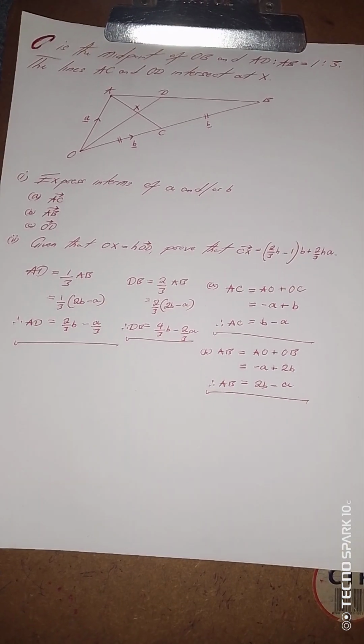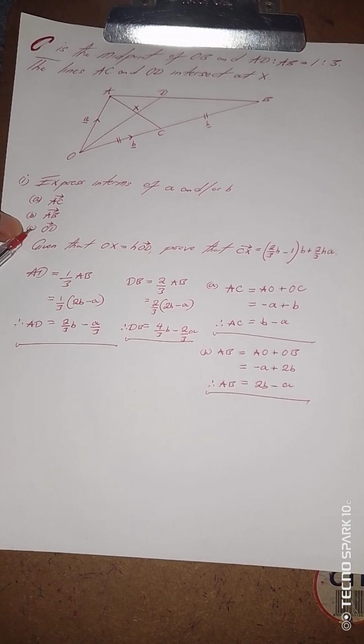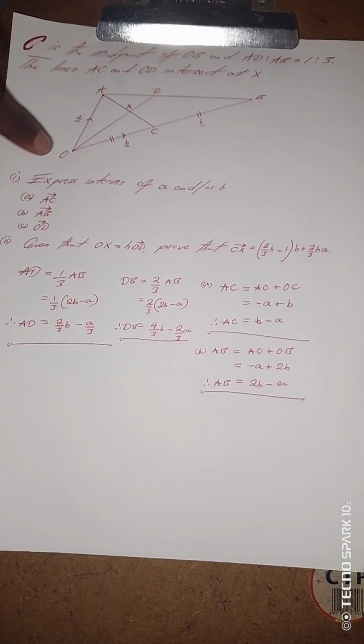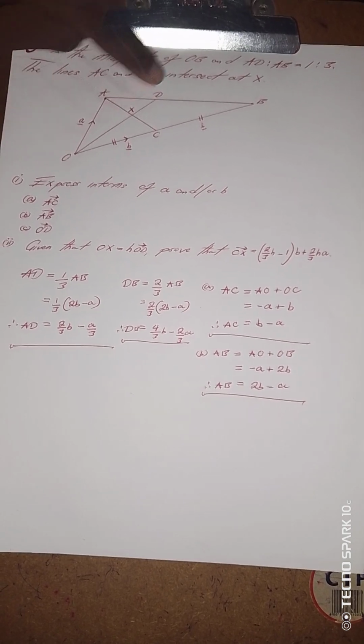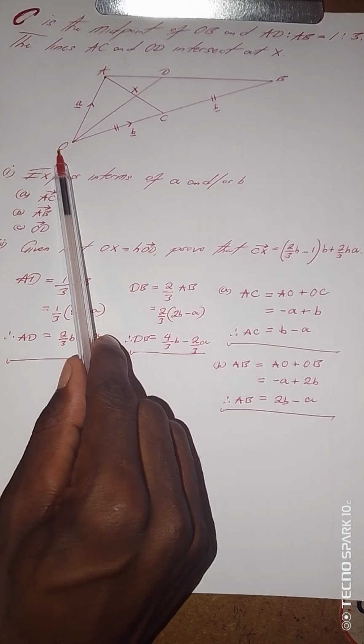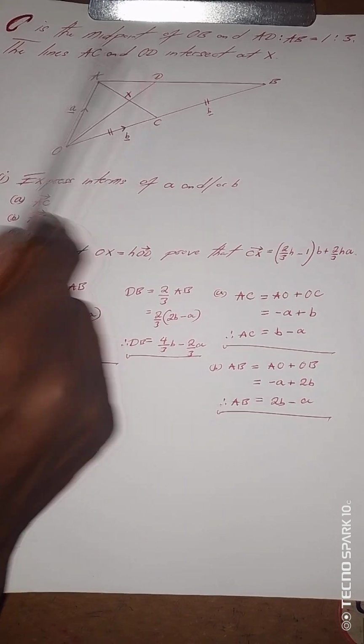Now the next question is saying, find the OD. Let's check where OD is. OD, this one. So OD, we can go, if you want, OD equals OB plus BD, or OA plus AD.